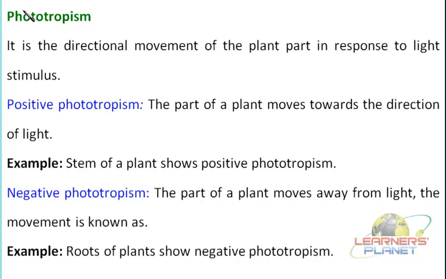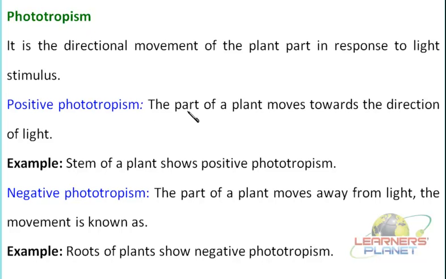So here the stimulus is light, right? And it is tropism because the part of the plant which is exposed to light is going to show this directional movement. Either that plant or that part of the plant will bend towards the light, or it may bend away from the direction from where the light is coming.